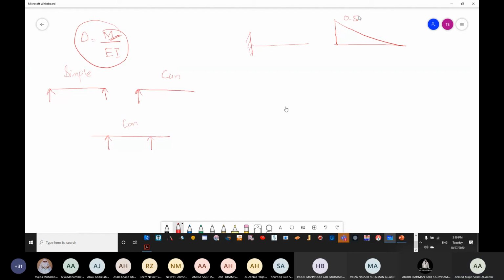Which is 0.5. Now for a simply supported beam with the UDL, you will remember that the coefficient was 0.125.